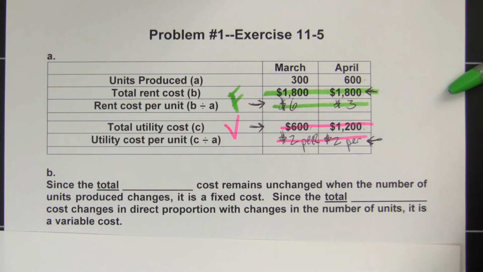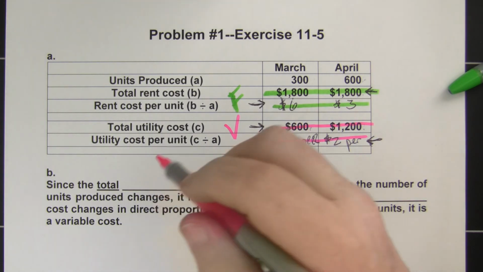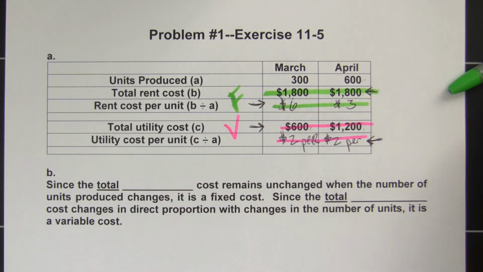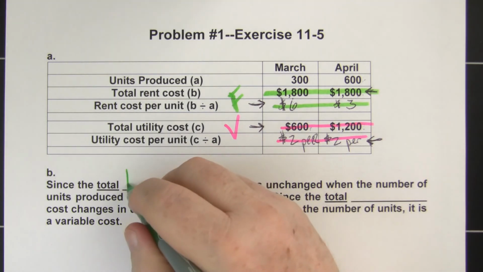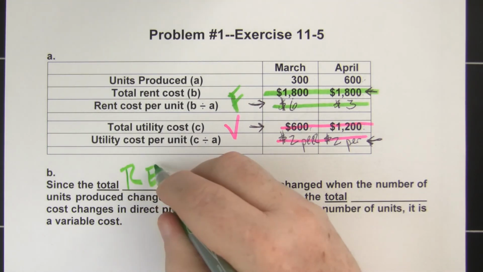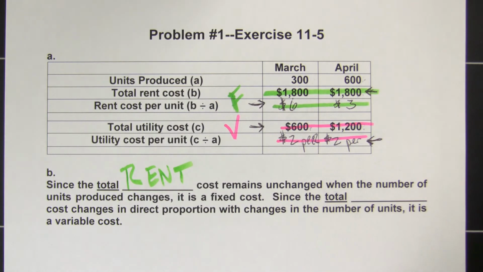So, let's fill in the bottom part. They say, since the total blank remains unchanged, well, what remains unchanged? The rent. When the number of units changes, it's a fixed cost.